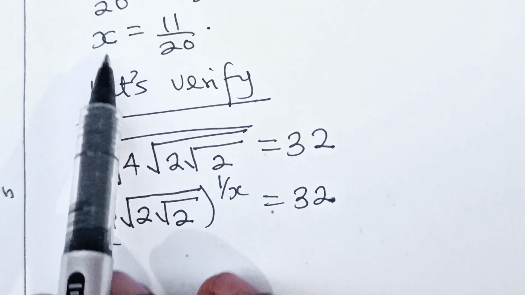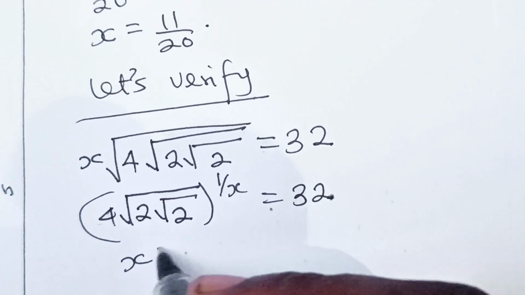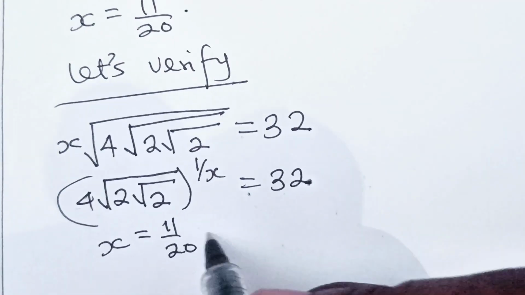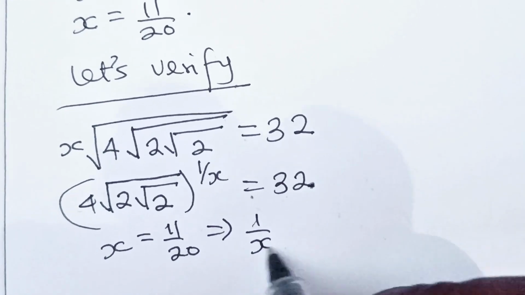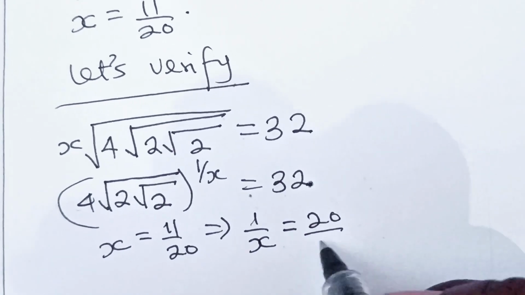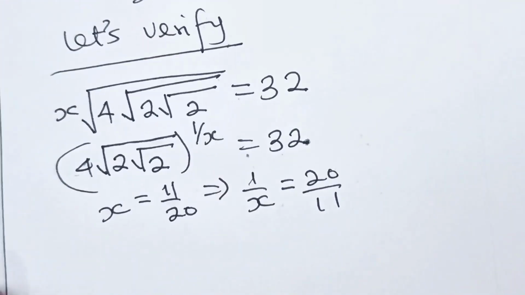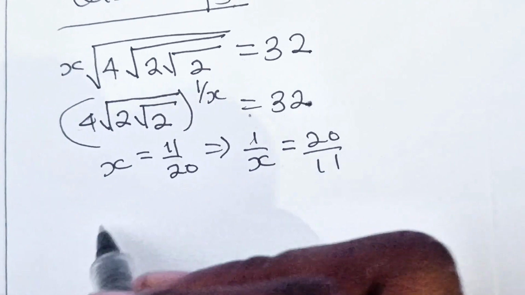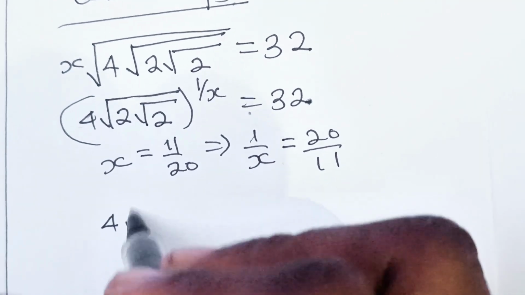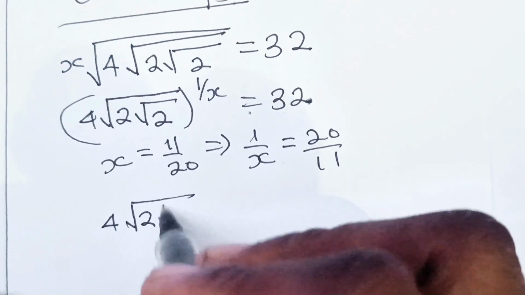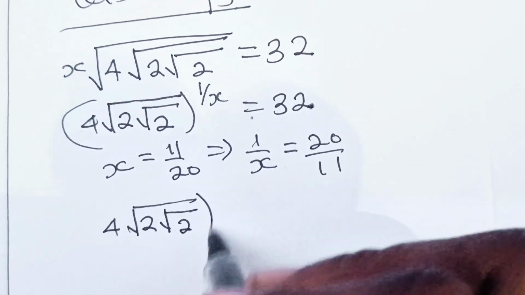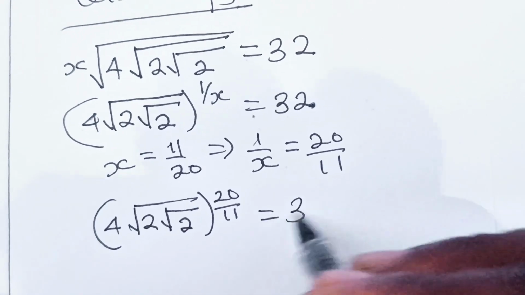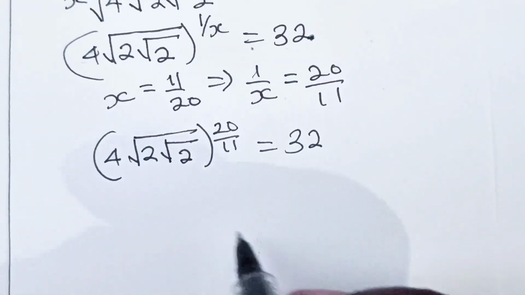Now recall that x is equal to 11 over 20. So this implies that 1 over x is equal to 20 over 11. So we solve that: 4 root 2 root 2 raised to the power of 20 over 11 is equal to 32.